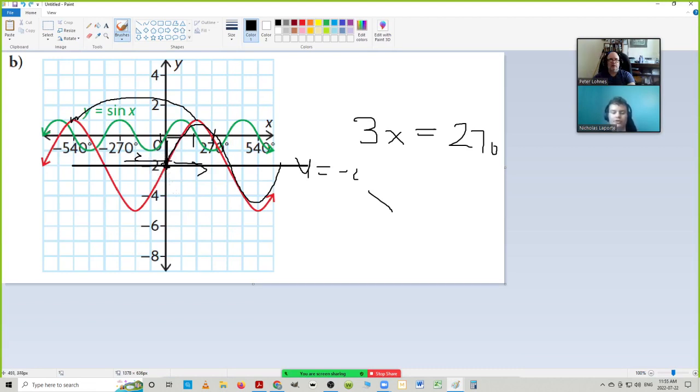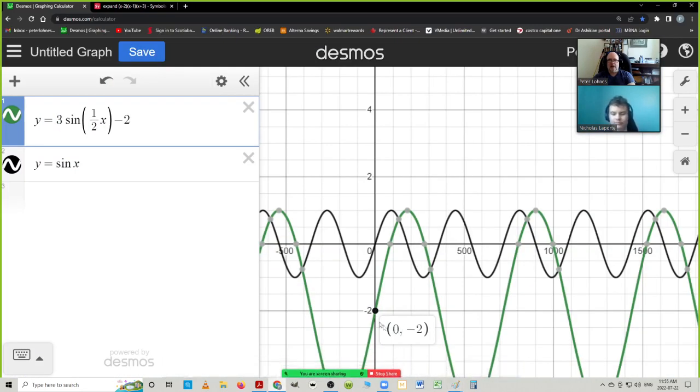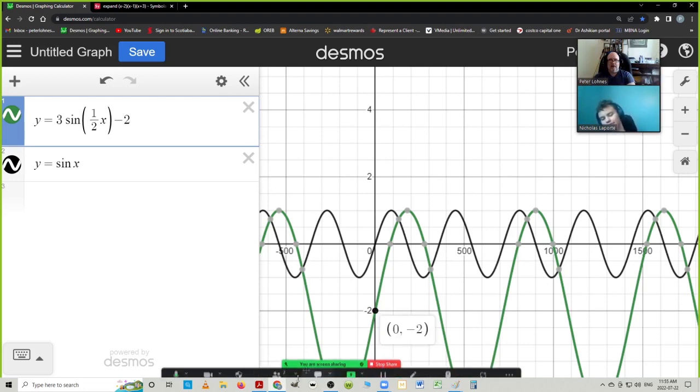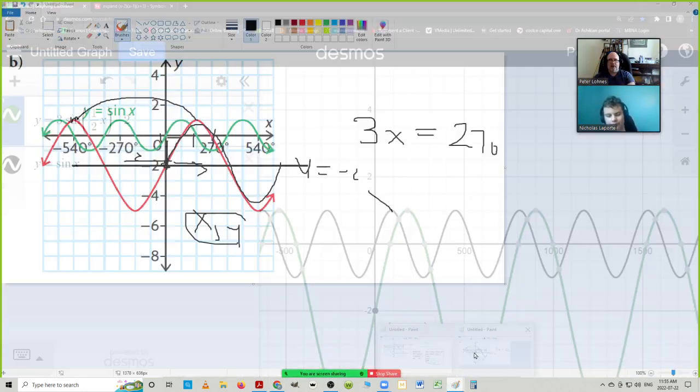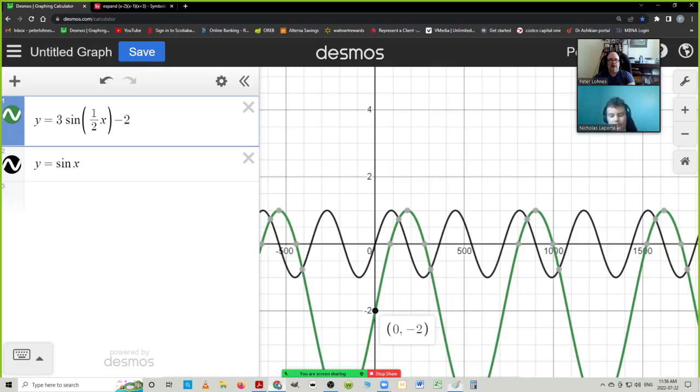All things have x comma y. 0, comma -2. Okay, let's see if we got it. Did we? Yes. Okay, let's go look at our max value up here. Our max value appears to be right there. What's the coordinate there? Remember each box is 180. So 180 comma 1. Let's go see if we got it.